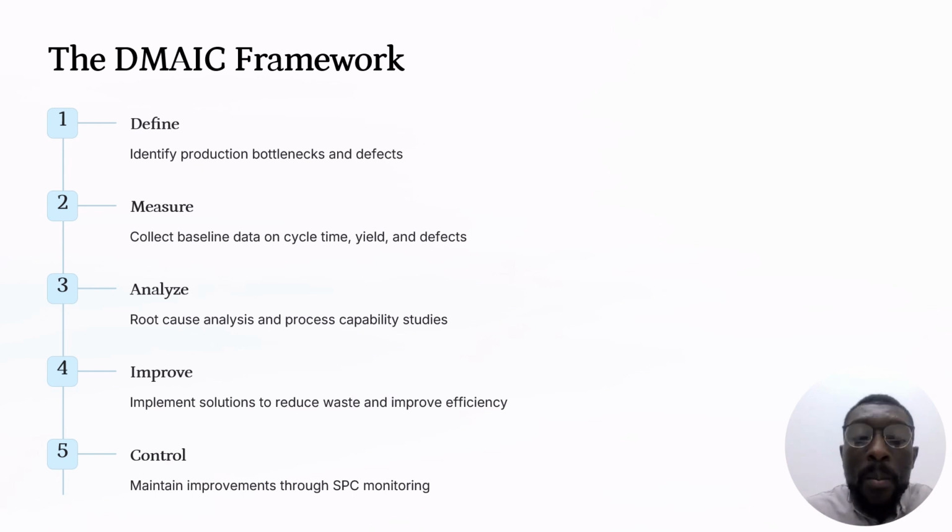Once that's compiled and found, we can now improve, implementing solutions to reduce waste, as well as improve the efficiency of the process. And then once that's done, we can control by maintaining the improvement through SPC, statistical process control monitoring.